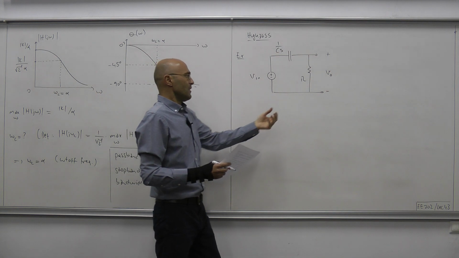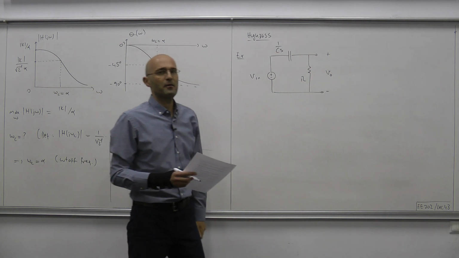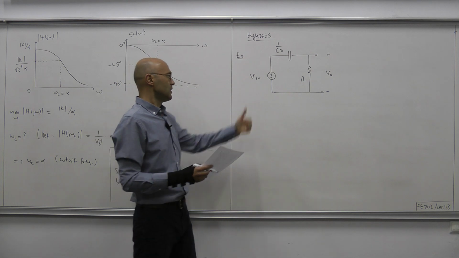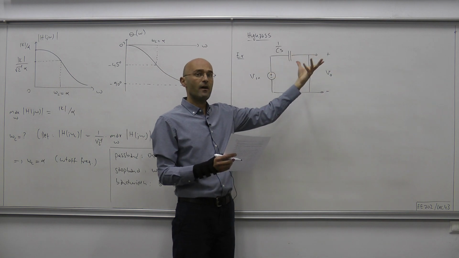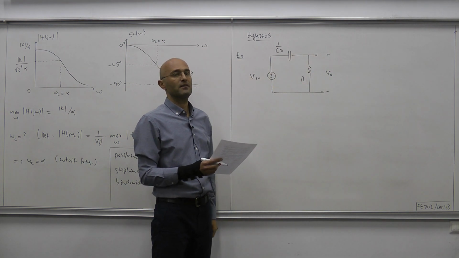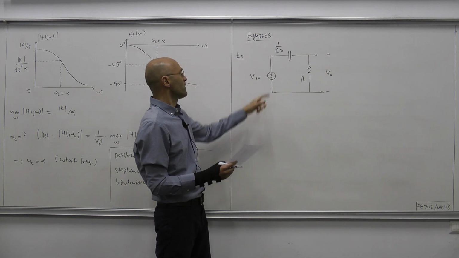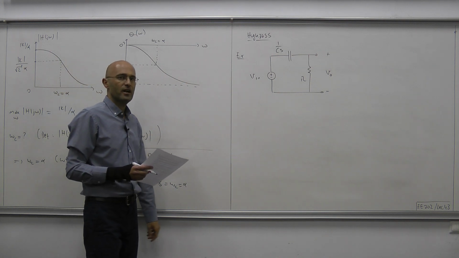So at high frequencies, we'll see much of the input appearing at the output terminals. To summarize, at low frequencies, we don't see much at the output. At very high frequencies, we see most of the input appearing at the output terminals. Therefore, this simple circuit should produce high pass characteristics.